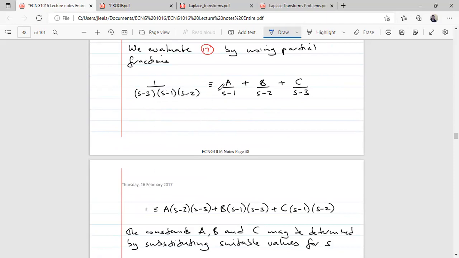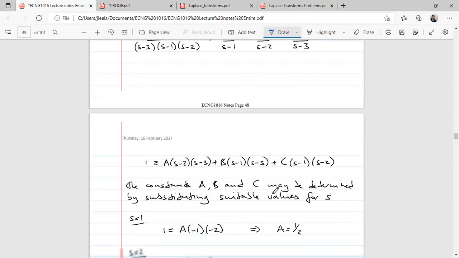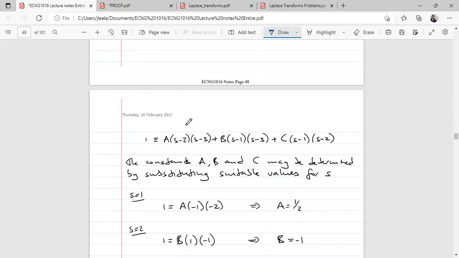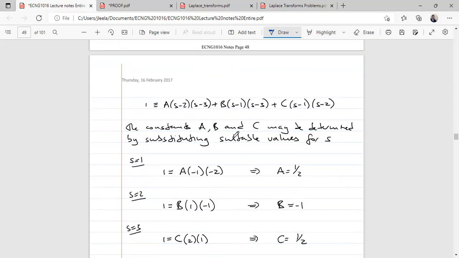And if you do it on the right hand side, the s minus 1 will cancel, right? So you'll have a times s minus 2, s minus 3. The s minus 2 will cancel with this term here. So you'll have b times s minus 1, s minus 3. And the s minus 3 will cancel here. So you'll have c times s minus 1, s minus 2. Right?